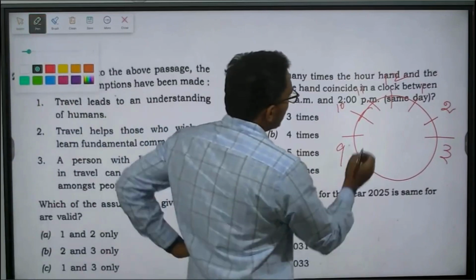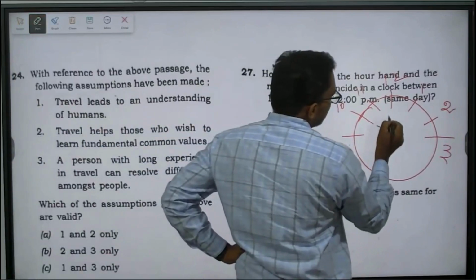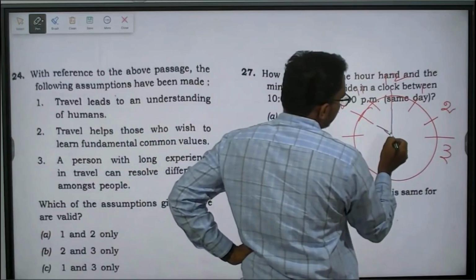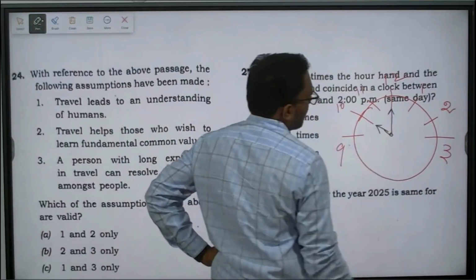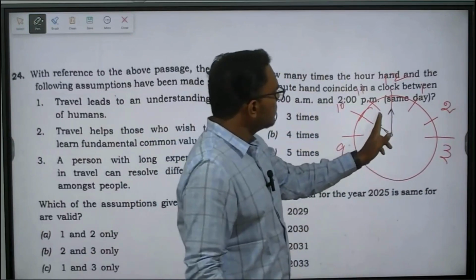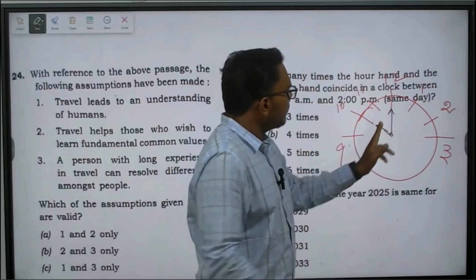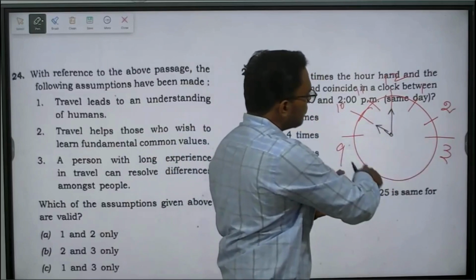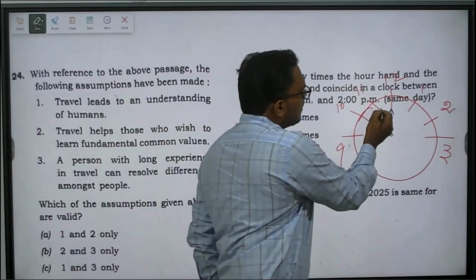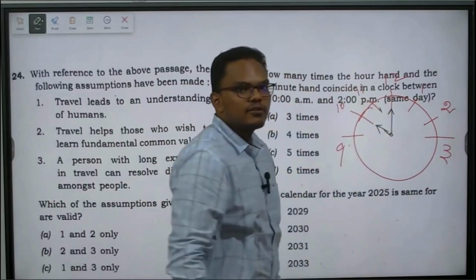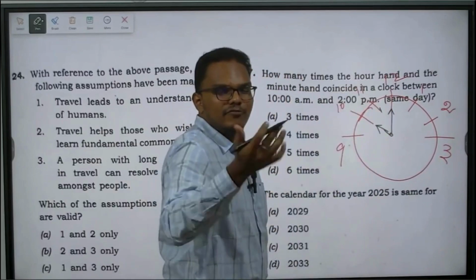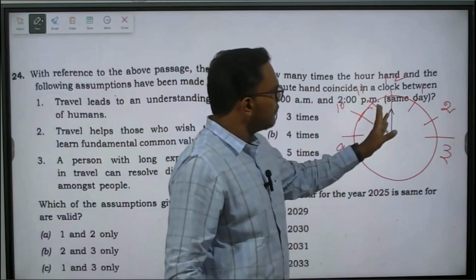See, at 10 o'clock, your small hand is like this and your minute hand is like this. When the minute hand comes one round, somewhere around here, it will meet for the first time, like say 10:56, 10:57 kind of time.